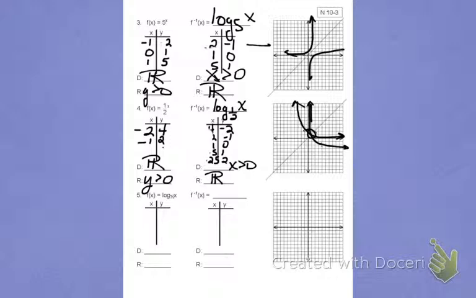This time we're given the log equation, and we need to know the exponential. It's log base 1/3 of x. So my exponential must be the same base, 1/3, raised to the x power.